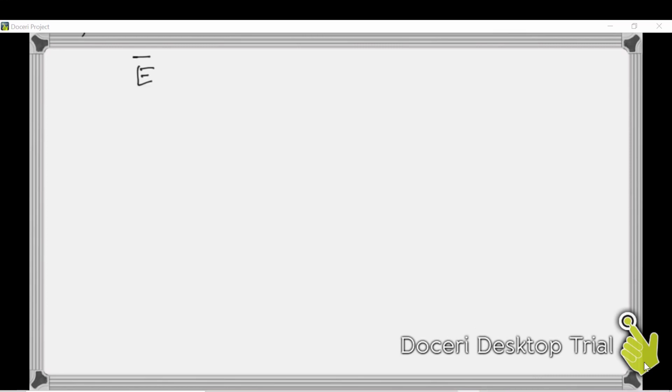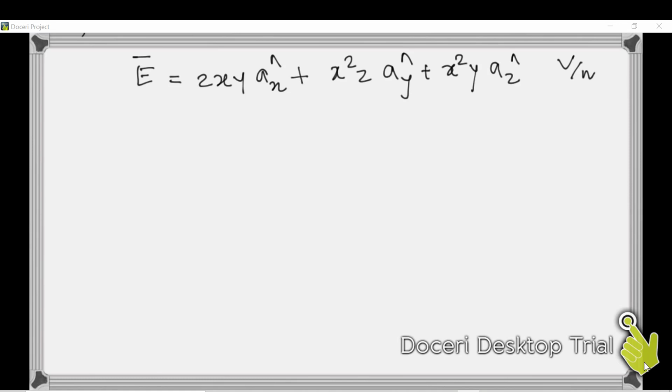Let us solve this example. E bar is given as E bar is equal to 2xy ax cap plus x square z ay cap plus x square y az cap volts per meter.